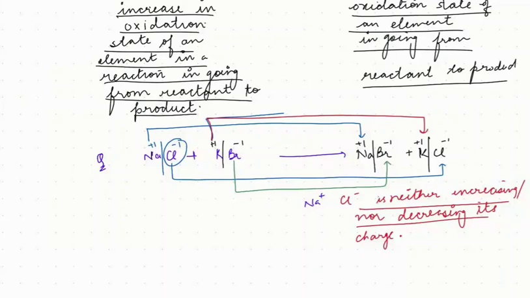And when there is no increase or decrease in the charge, what exactly does that mean? Tell me. It means that this is not a redox reaction. This is a non-redox reaction. It is not a redox reaction at all. Why?